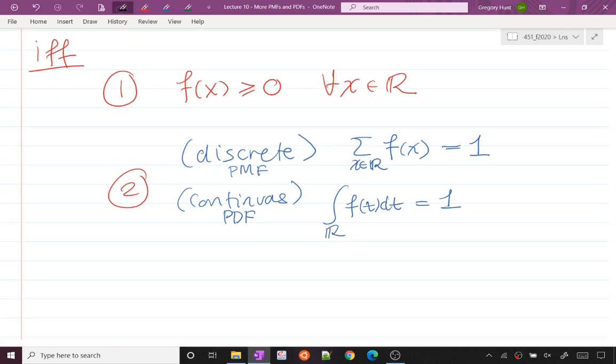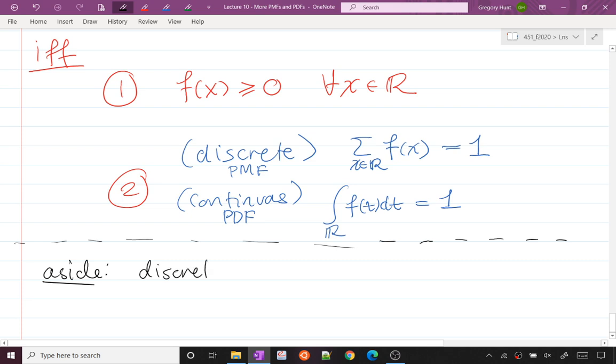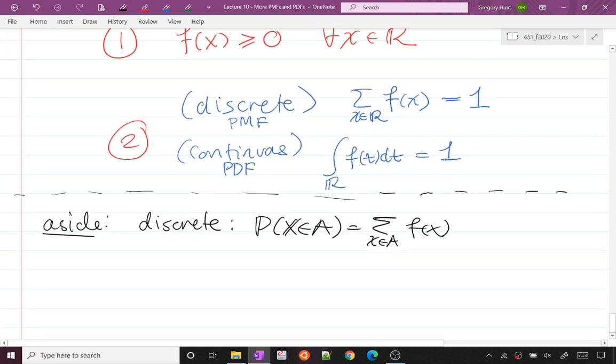So I'm not going to go through a formal proof of this. I'm going to make an argument that shows why these things are reasonable conditions that must be satisfied to be a valid PMF or PDF. The aside here is that, for discrete, the probability that our random variable is in the set A is found by summing the PMF over things in that set.